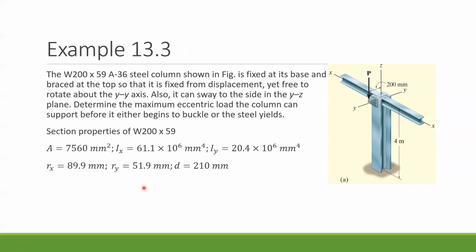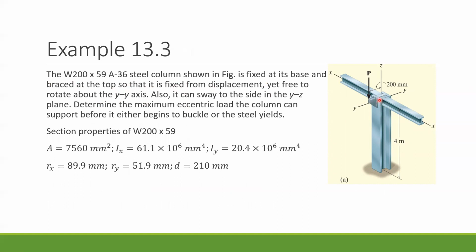We have a column like that with a fixed base and a braced top, also fixed. In other words, both ends are fixed, but free to rotate about the y-axis.